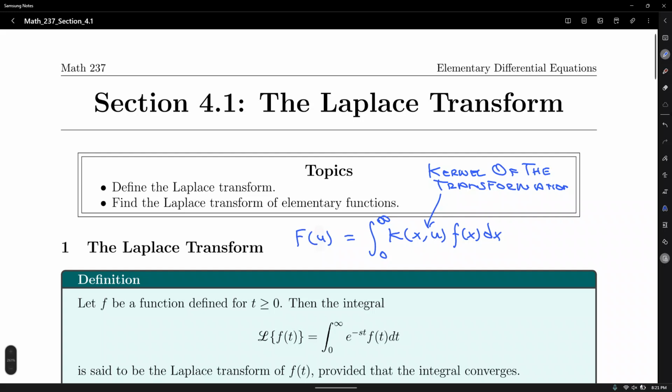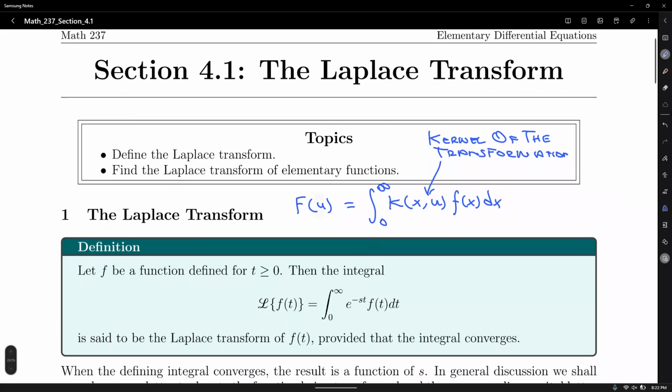Now, what is this kernel of this transformation? The kernel function acts like a weight or a factor that modifies the original function f of x before it gets integrated to produce the new transform function.